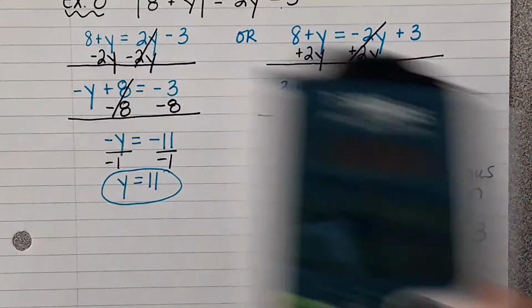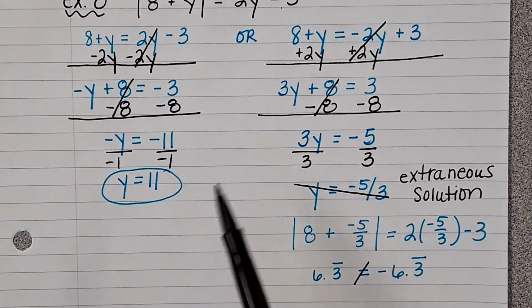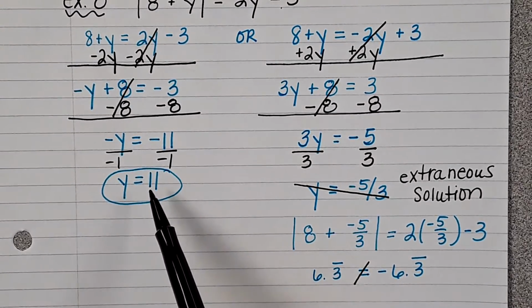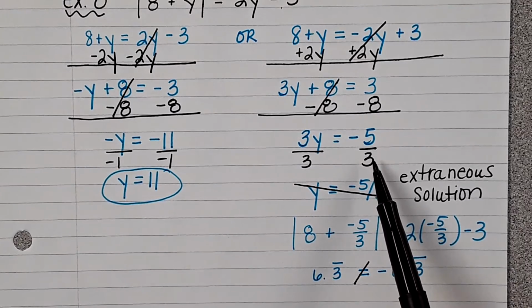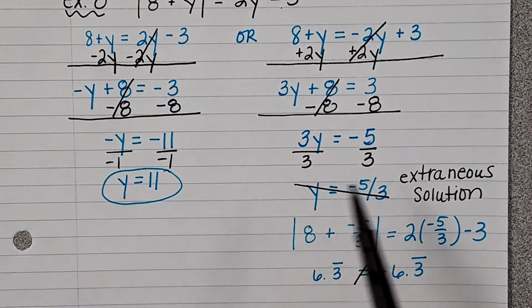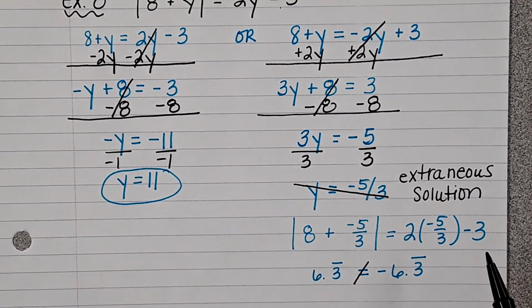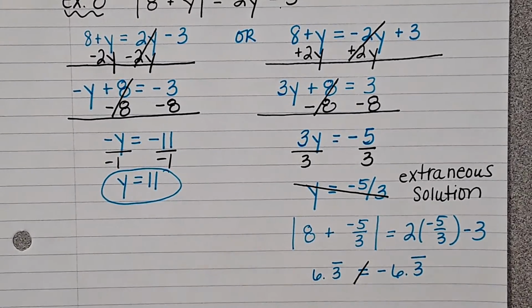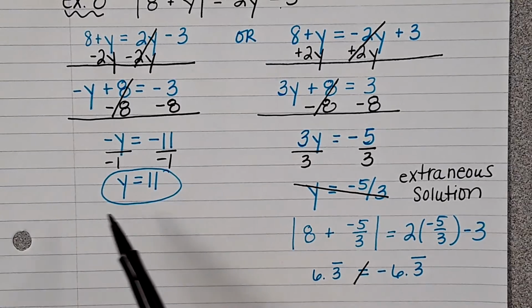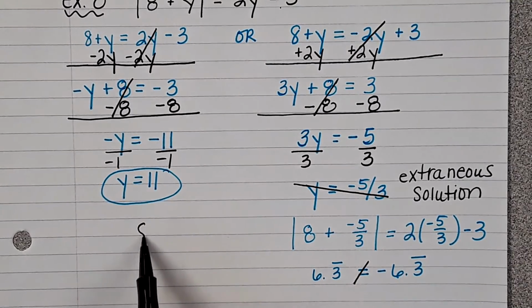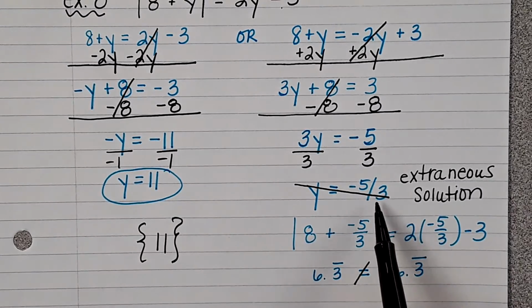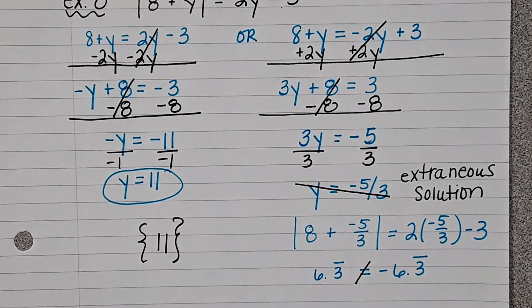If you do not check both answers, on a multiple choice test, I will give you one choice that is 11, one that is negative 5/3, one that is 11 and negative 5/3, and then there might be no solution. So you have to check your answers. Again, the only solution to this problem is 11. The other answer is an extraneous solution.